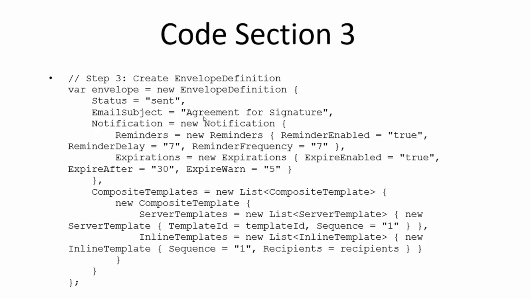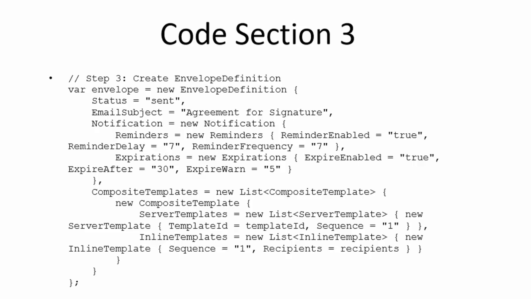For my testing purpose, I have set agreement for signature. Notification includes two things: reminders and expirations. In reminders you can set reminder enable equal to true, reminder delay equal to 7, and reminder frequency equal to 7.